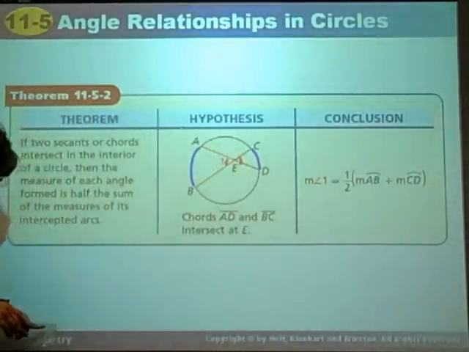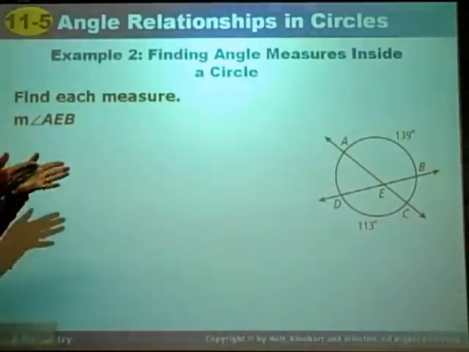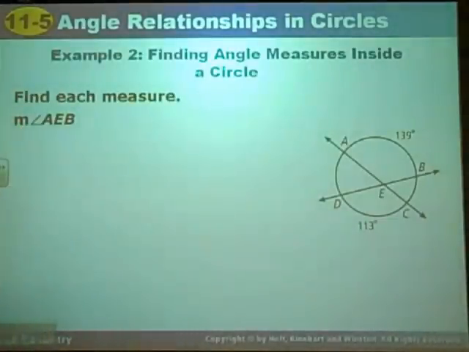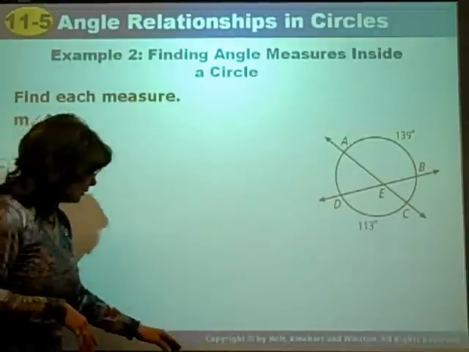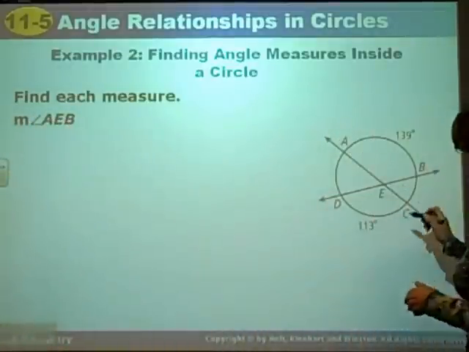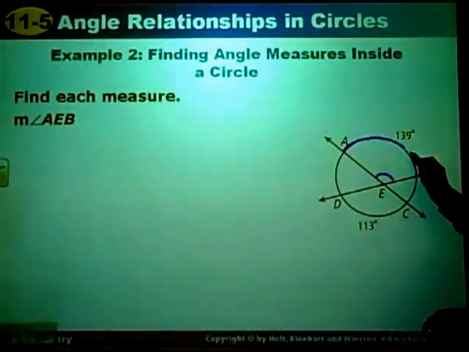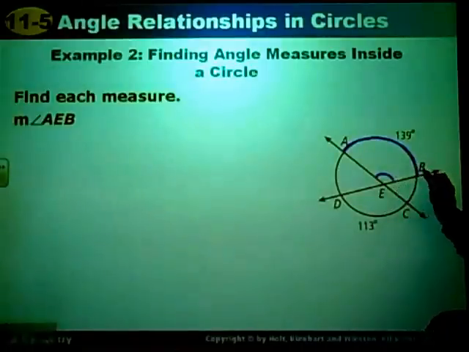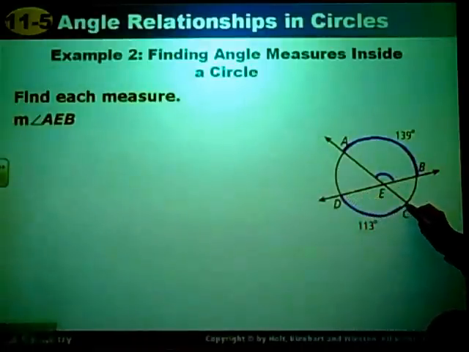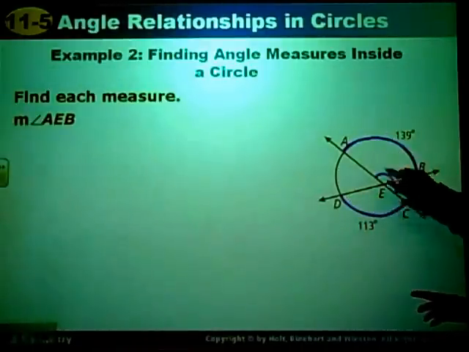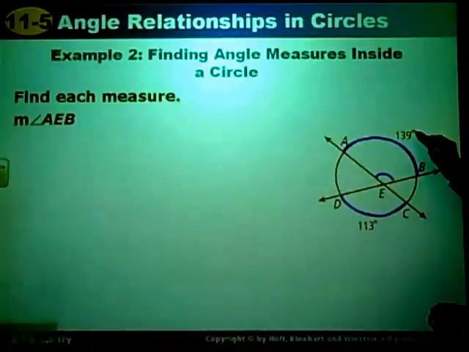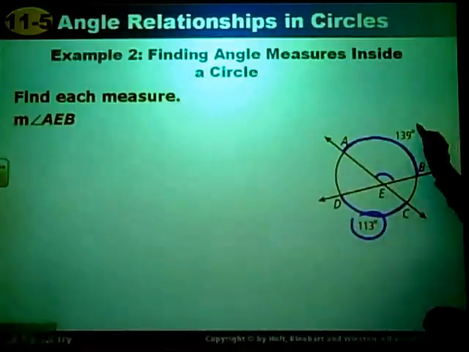So if they intersect at some random point in the circle, just find the two arc measures and average them. Take half. Inside the circle, we want to find angle AEB. I'm looking for this angle. I see here's an arc, and where they intersect, here's my other arc formed by these two vertical angles. Here's my measure, here's my measure.